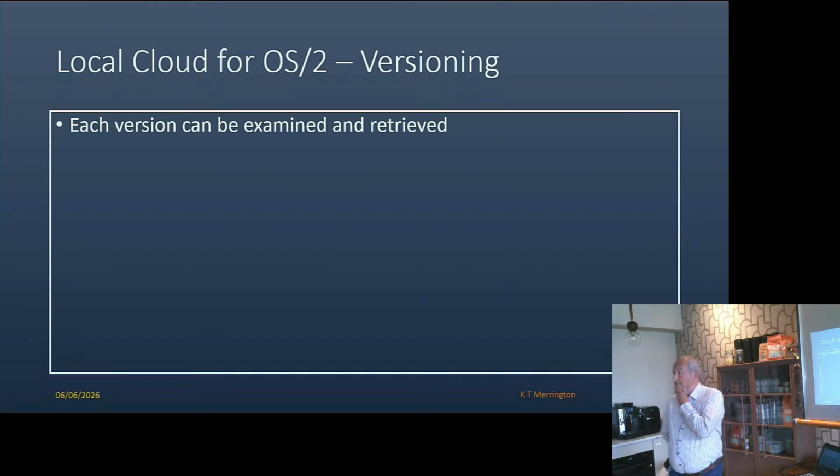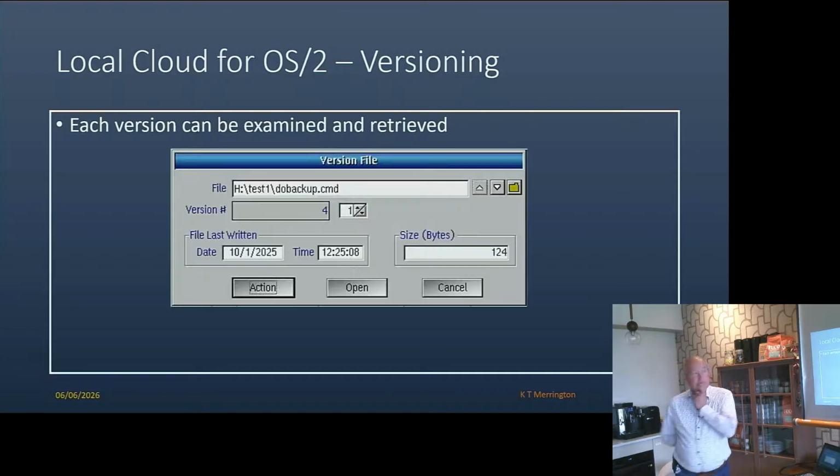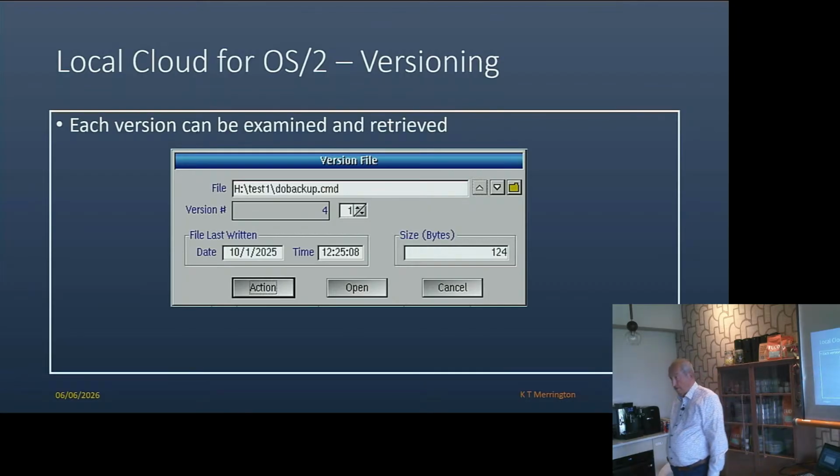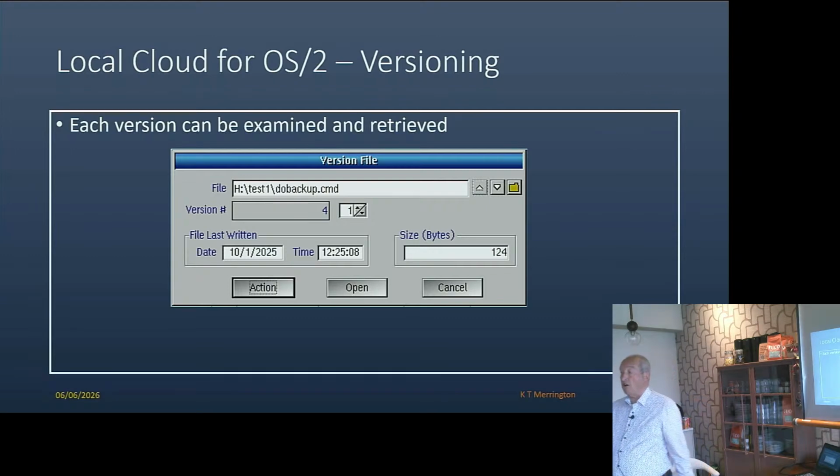Now, sometimes it's handy to look at the version. So you can look at a particular version, you can see which version number it is, you can see when that was originally written, and if you want, you can open that file, and it will be opened with the standard association for that file.